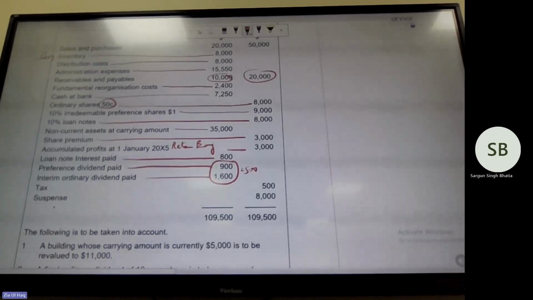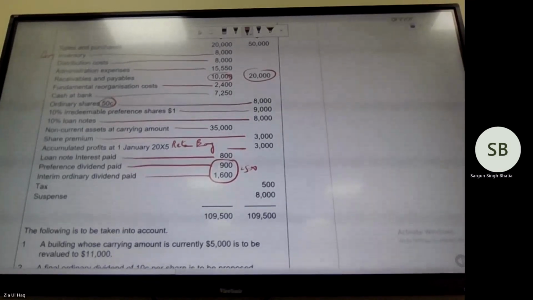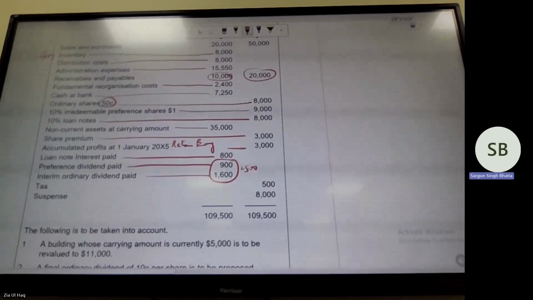Tax. What is that tax on credit side? What is this tax on credit side? So it's income. Tax income? Can we receive tax? No, sir. So credit side taxes. What is this tax? So we save tax. This is under or over provision of tax.